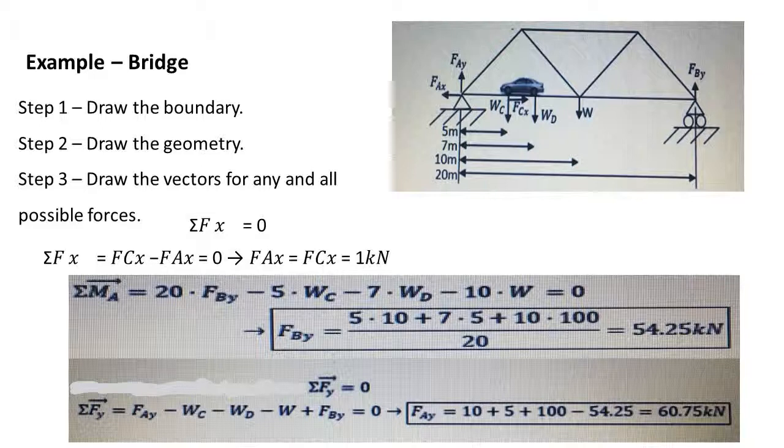And by rearranging here, I can find that the force at origin B in the y direction would be 54.25 kilonewton.